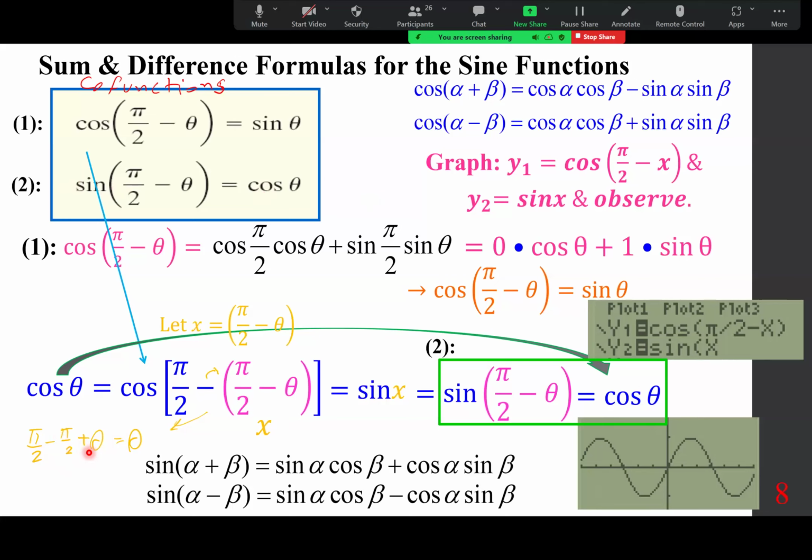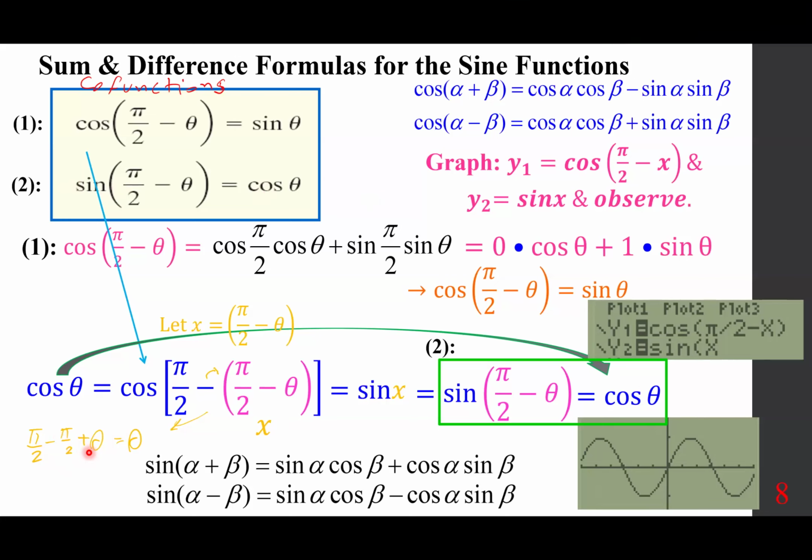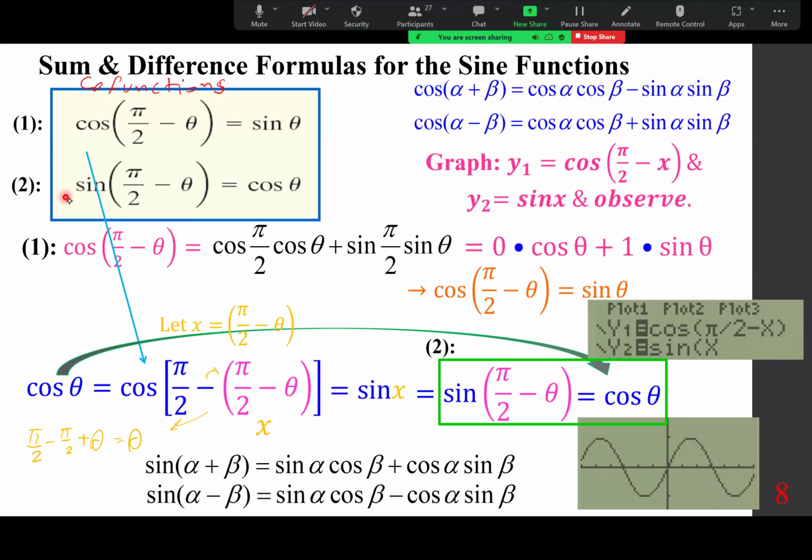That's it. So we proved number 1, cosine of pi over 2 minus theta is sine theta. Number 2, sine of pi over 2 minus theta is cosine theta.